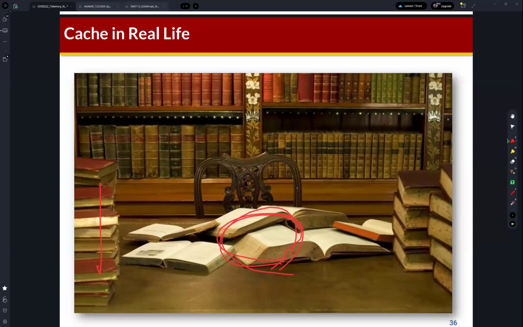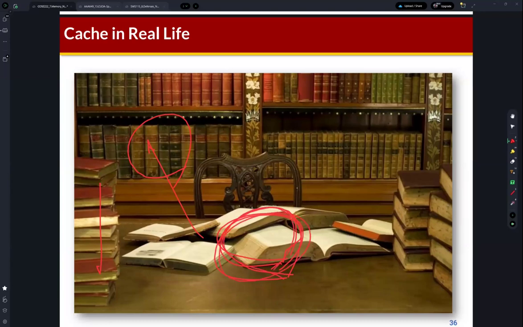Why? We can reduce the access time to the content in the books, right? So we don't need to access these books, because we just focus on content in a single book or a couple of books on a desk.